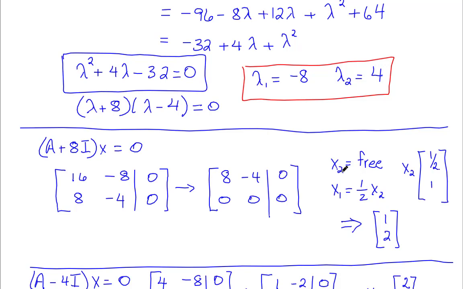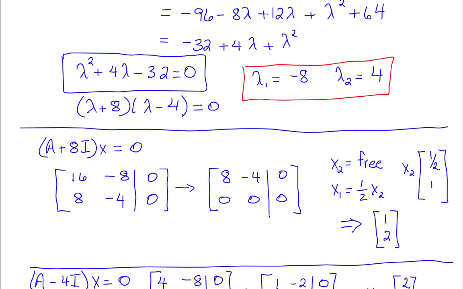So that tells me x2 is free. x1, which I would get from this row, is simply 1/2 x2. So that gives me here a basis for this eigenspace, for this eigenvalue, and so it's 1/2, 1. But to make life easy without fractions, multiply by 2, and I get 1, 2.